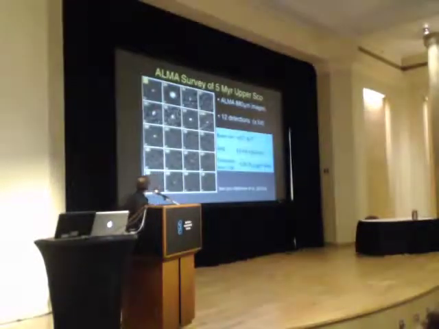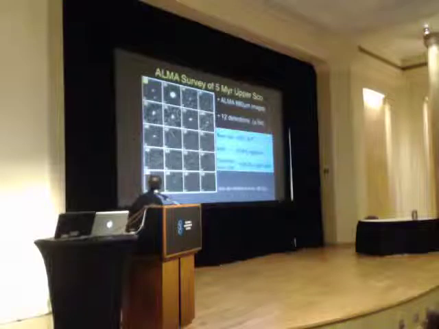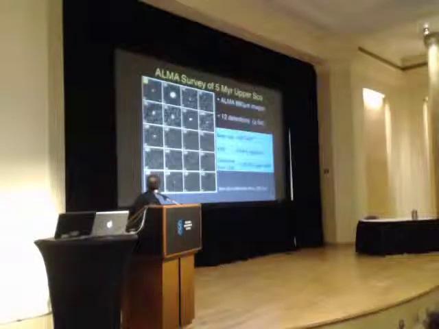Okay, so here's a snapshot of thumbnail images of the 20 sources that were observed. These are images of the 880 micron continuum, and they are ordered by spectral type. So K2, the more massive star, is in the upper left, and the M5 stars are at the bottom and down to the lower right.